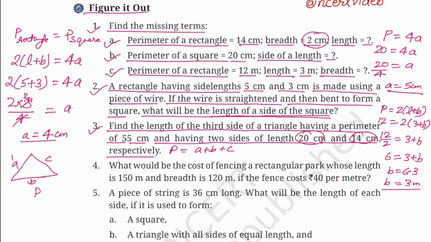Let's take A is equal to 20, B is equal to 14. Then how much will be C? Perimeter is equal to 55. C will be 55 minus 34. That is 21 centimeter.